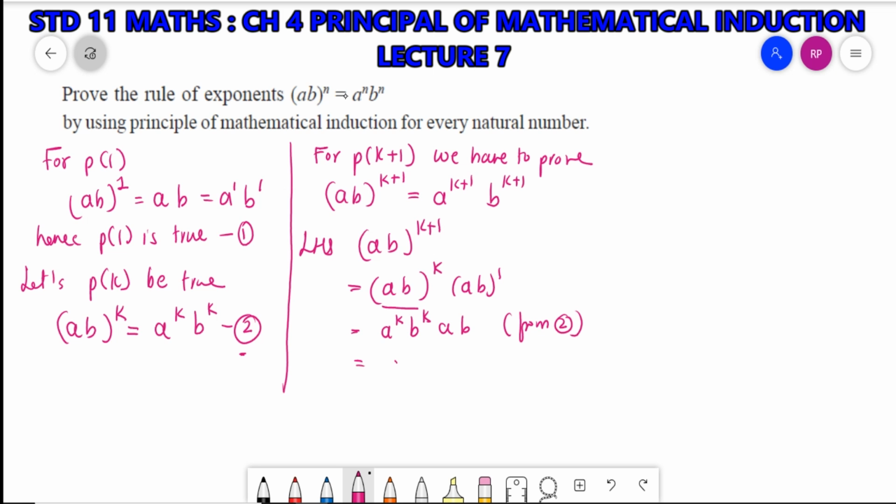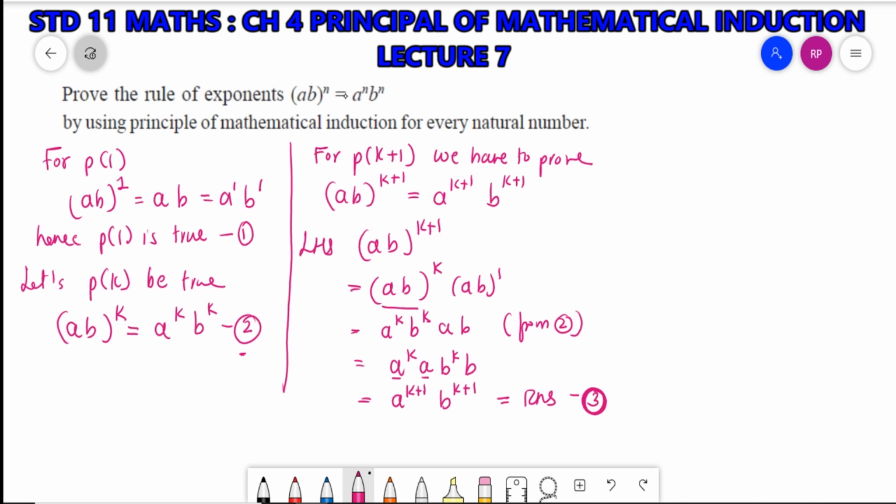So I can write it this way: a raised to k into a, b raised to k into b. This will be equal to, see the base is the same, so the powers add: a raised to k plus 1, b raised to k plus 1, and that is equal to RHS. Let's name this as 3.